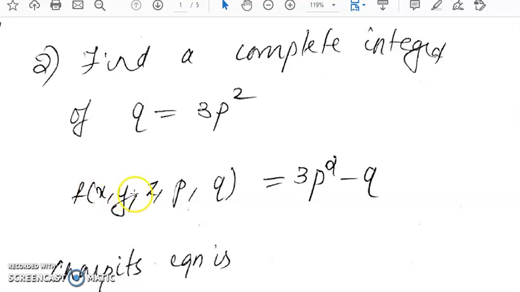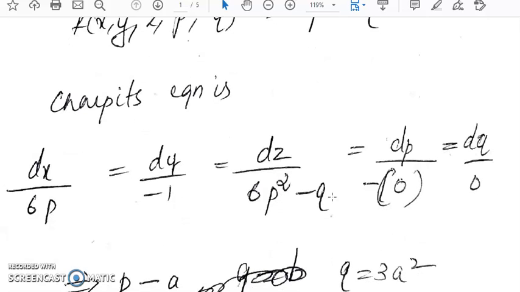So let me write f of x, y, z, p, q in the form equal to 0. So you will get 3p square minus q. Now using the Charpit's equation.